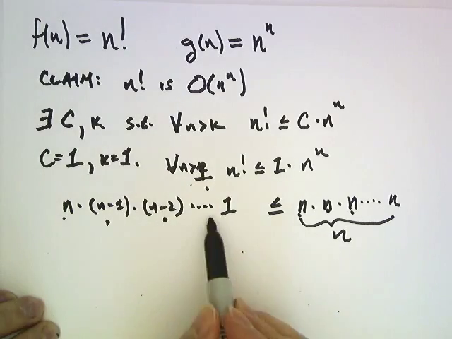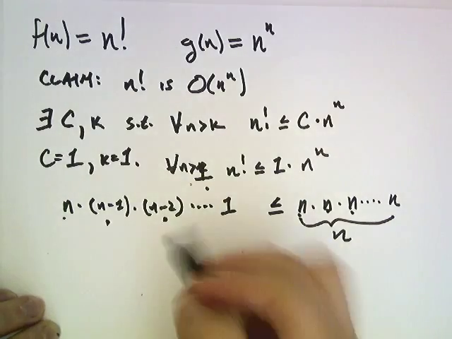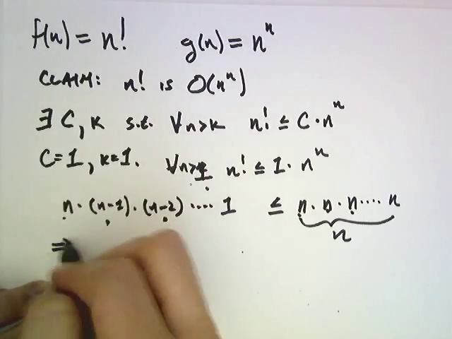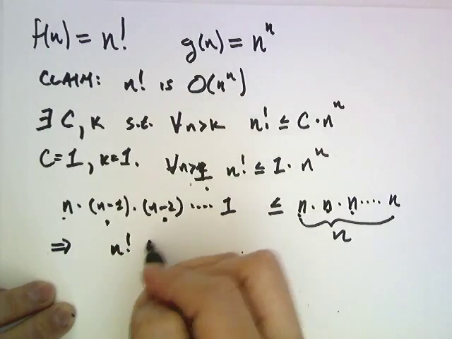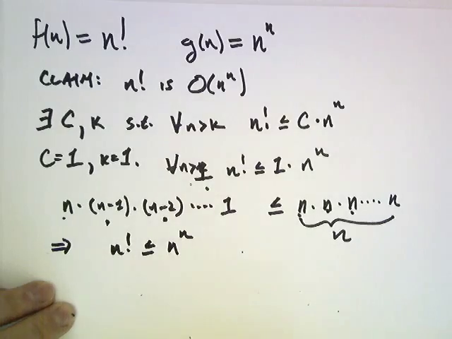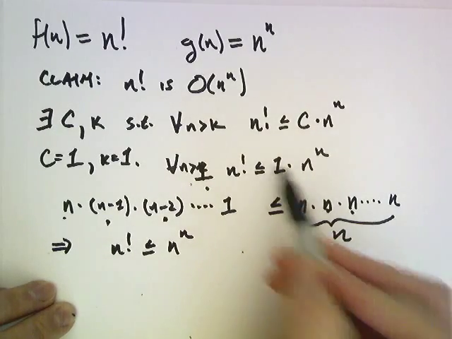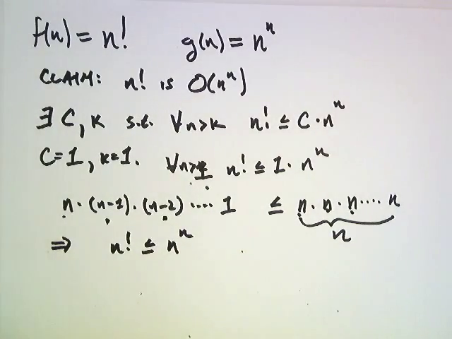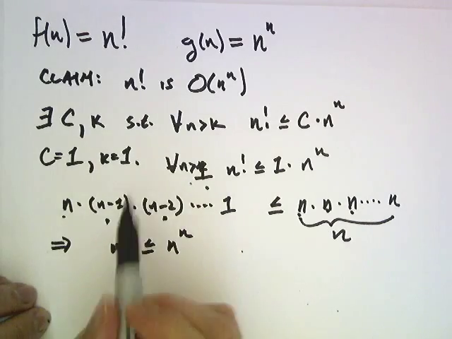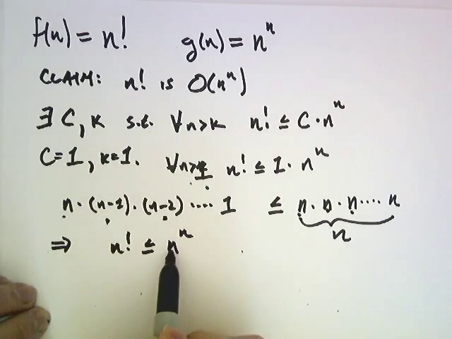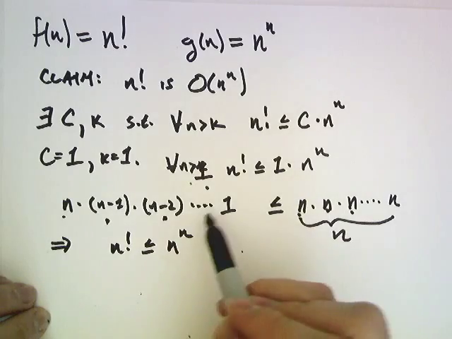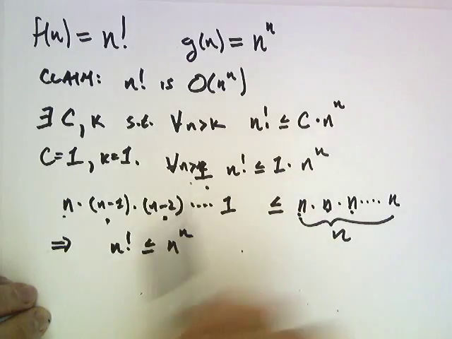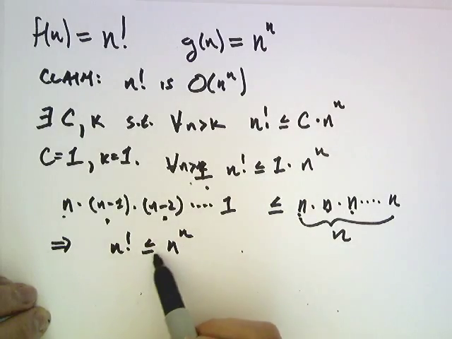So therefore, this quantity is less than or equal to this quantity. So this implies that n factorial is indeed less than or equal to n to the n, and so choosing the value of c here of 1 actually makes sense. We've proved that n factorial is big O of n to the n, because we know that for all n greater than 1, n factorial is less than or equal to 1 times n to the n.